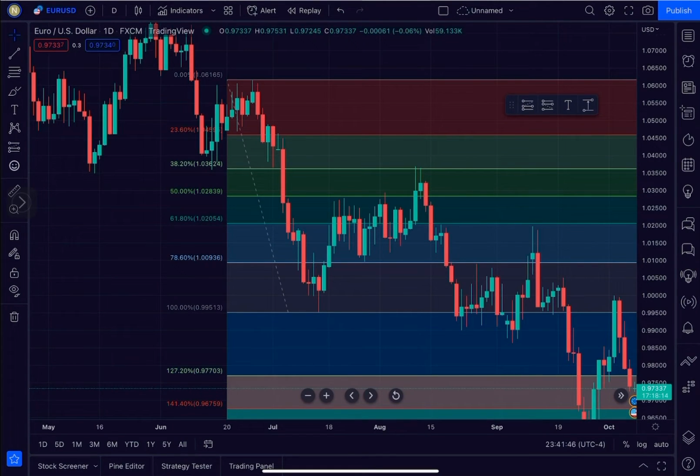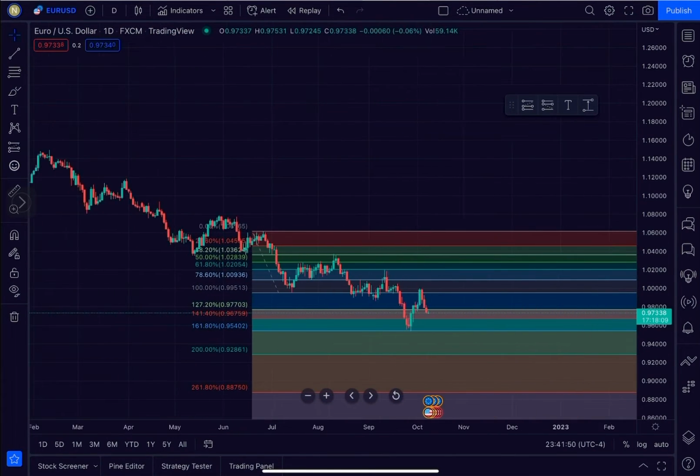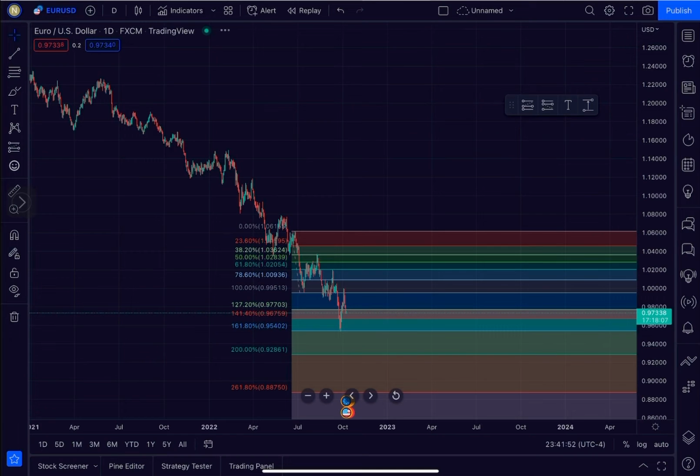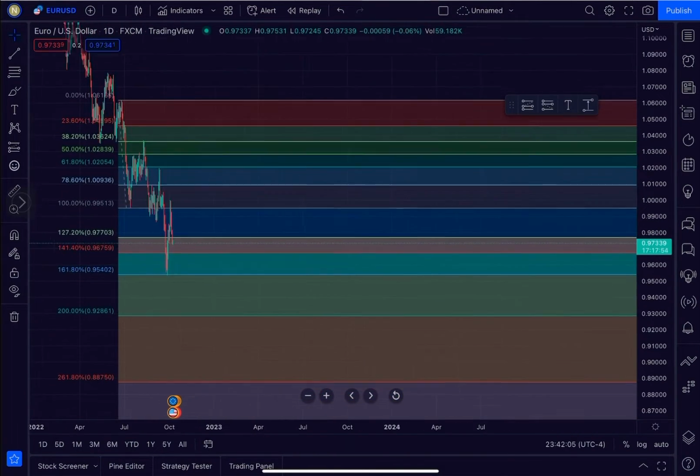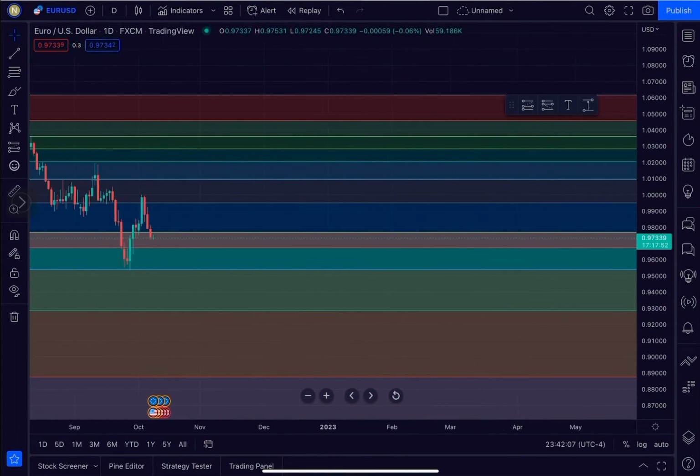The reason I'm going with a short bias is because the overall trend, if I can draw it out here, as you can see, is down, right? So there's no need for me to fight the trend. I need to look for entries into the trend, and that's how I would do that.